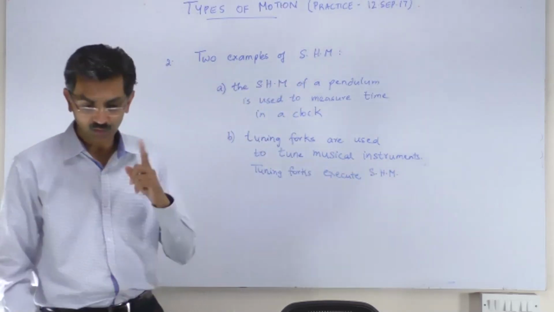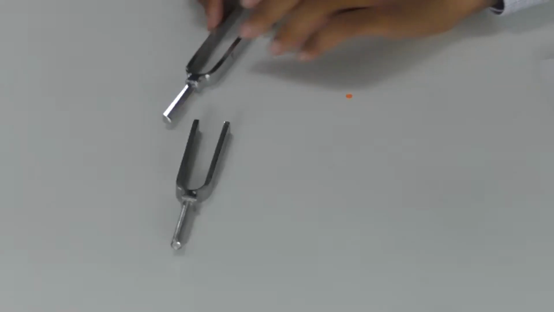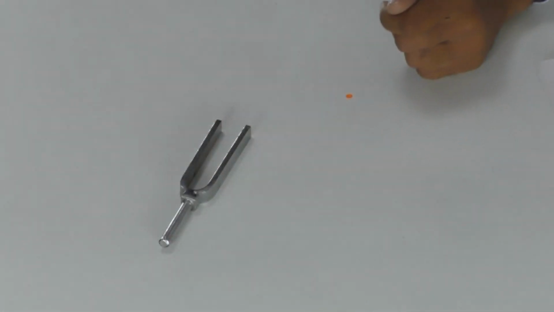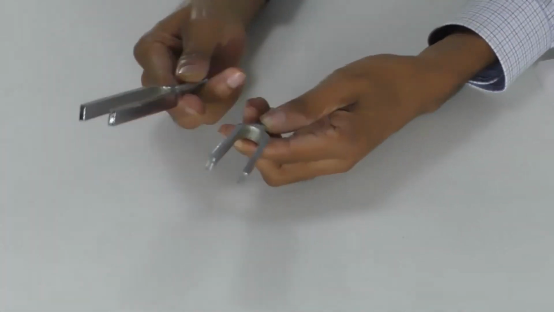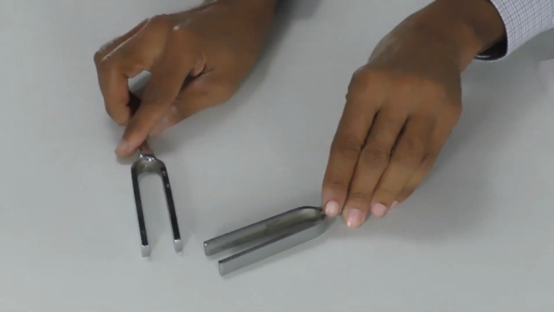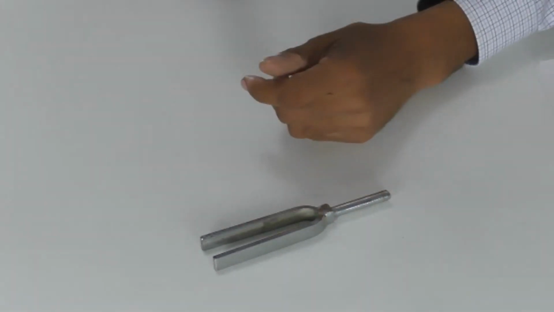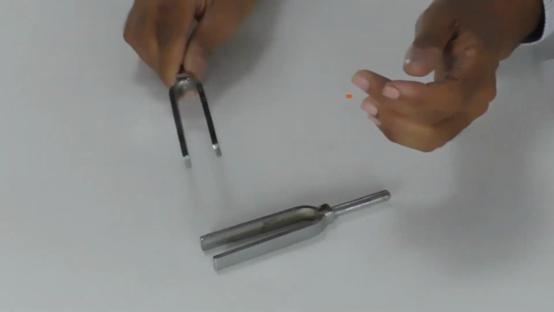Many of you may have seen tuning forks, but I will show you a couple of tuning forks right here. This is a tuning fork, and you can create vibrations in them. And these tuning forks, there are two of them, they create sounds of different frequencies. And such tuning forks are used to tune musical instruments. And these tuning forks, when I hit them like this, they execute simple harmonic motion.